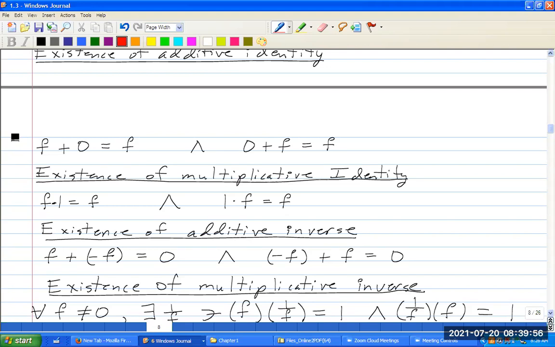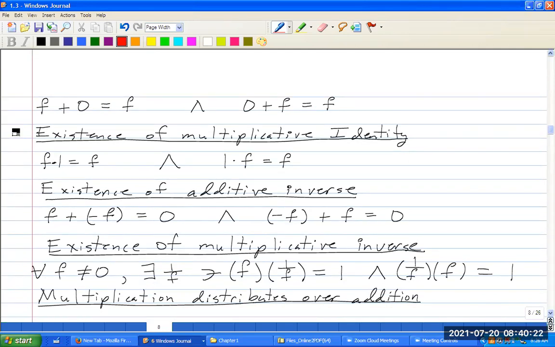For any function f, f plus 0 is equal to f. And so I have that this is a right additive identity. And by commutativity for addition, we have that the 0 function plus any function f is just equal to the original function f.